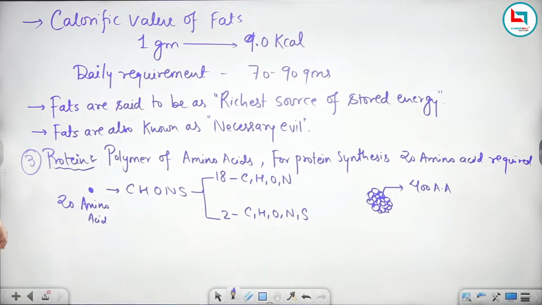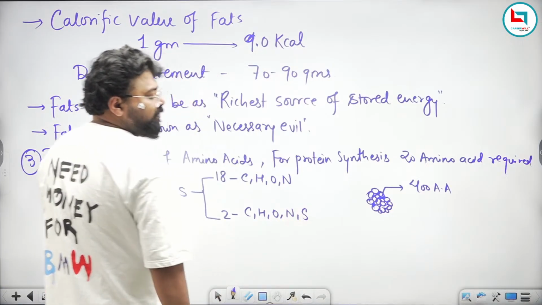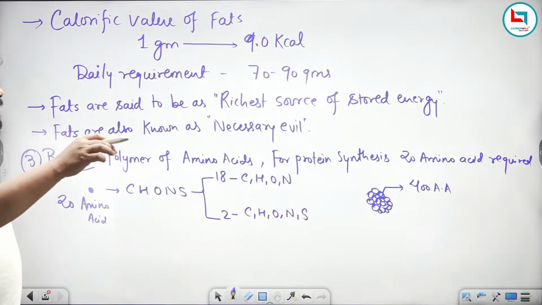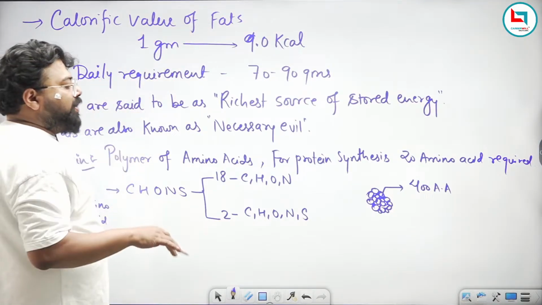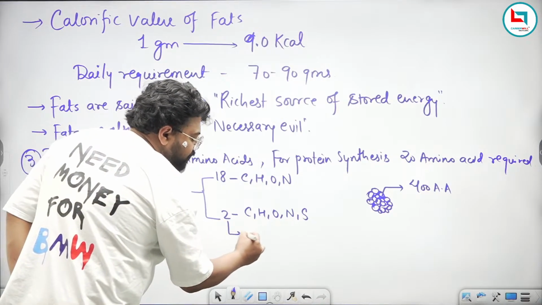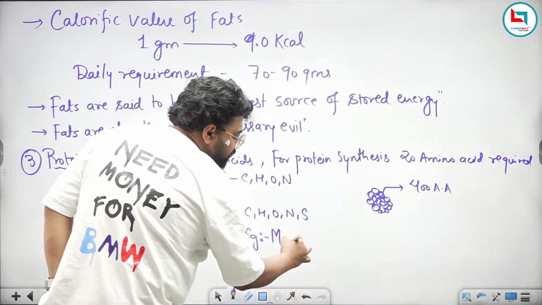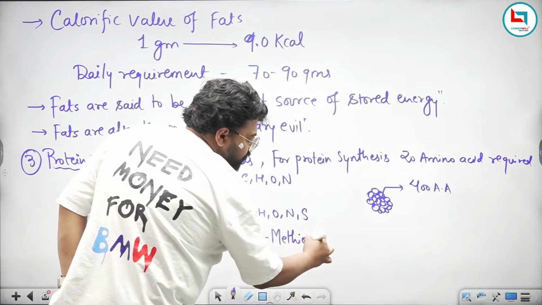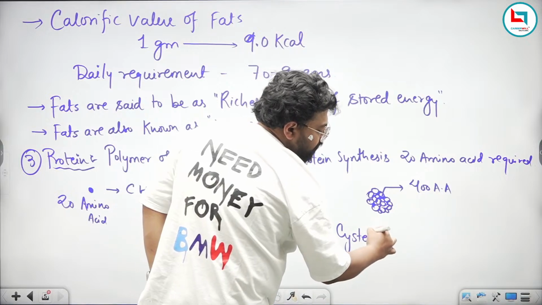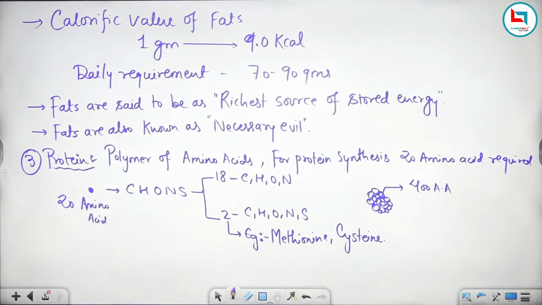That is why in a protein molecule we find the presence of sulfur. Usually in our exam there are questions: name those amino acids which contain sulfur. Examples of these 2 amino acids are methionine and cysteine.